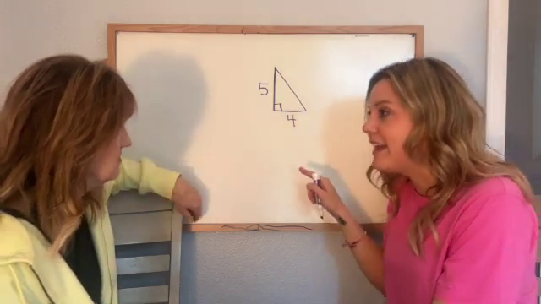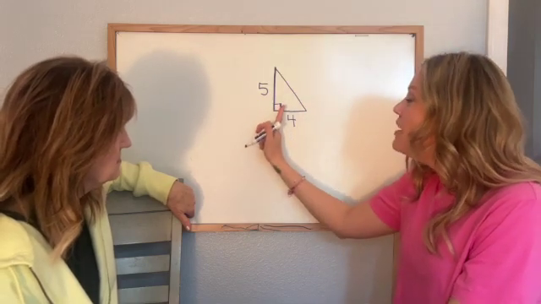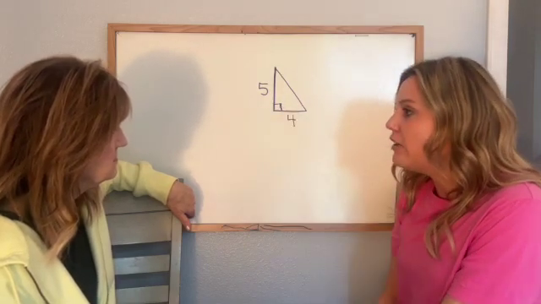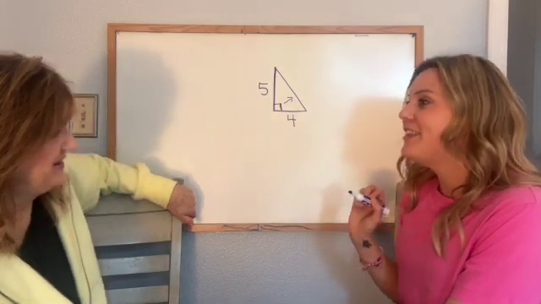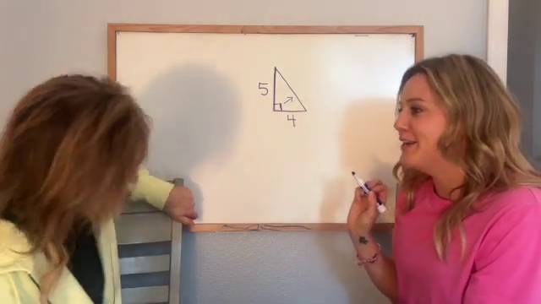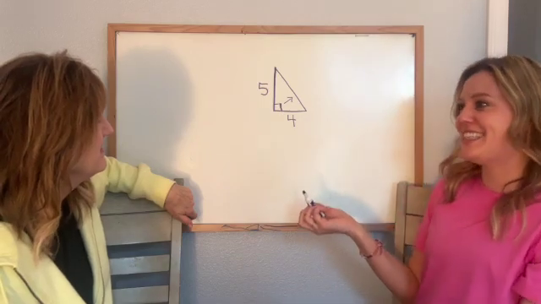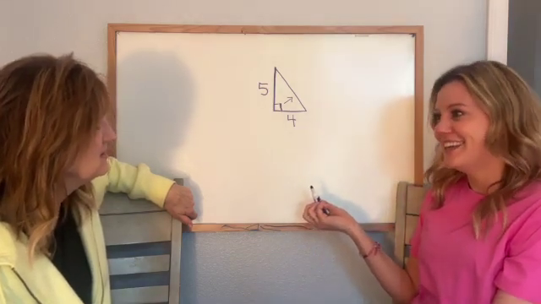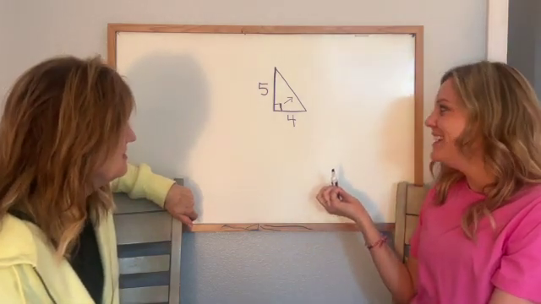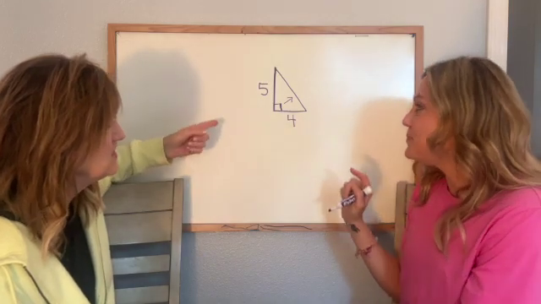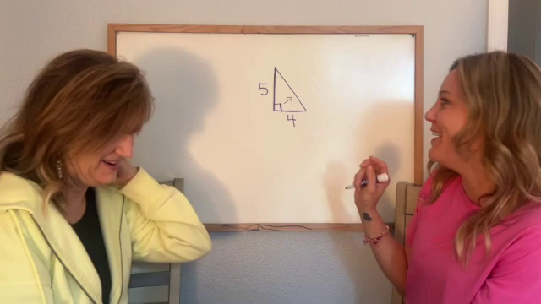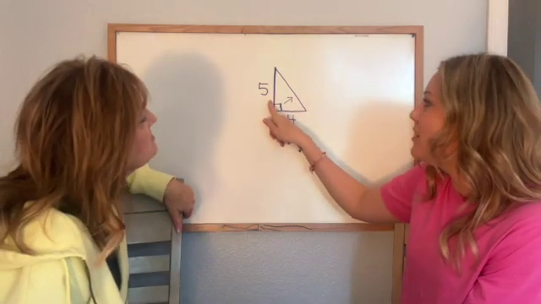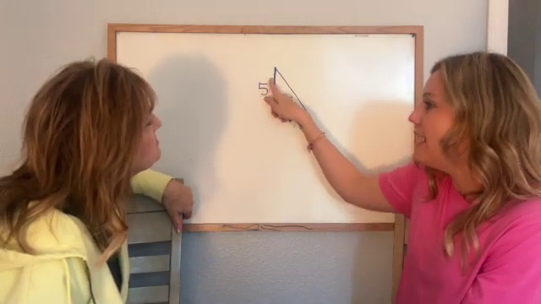Do you know what that length is called in a triangle? The one across from the right angle? It's called the hypotenuse. The hypotenuse? That's weird. Okay, so this part of a triangle is called a leg.